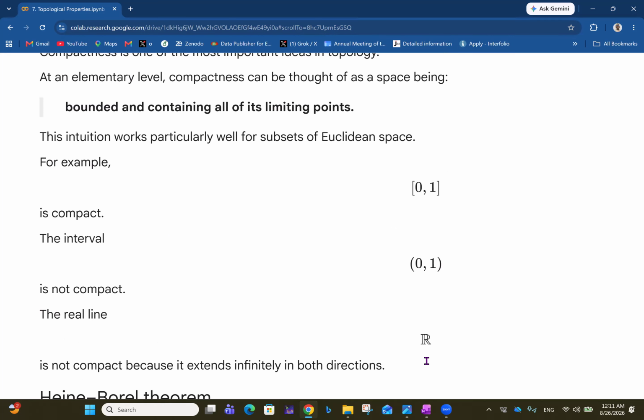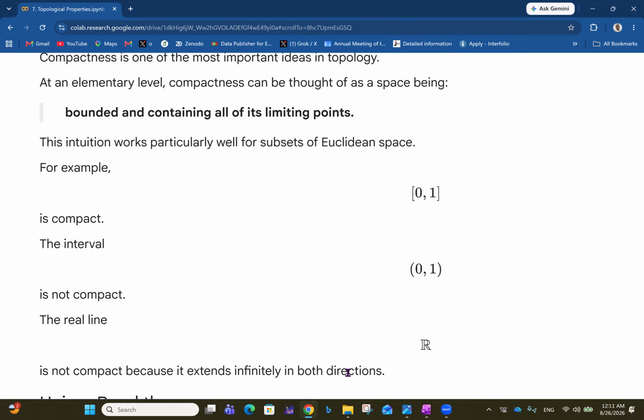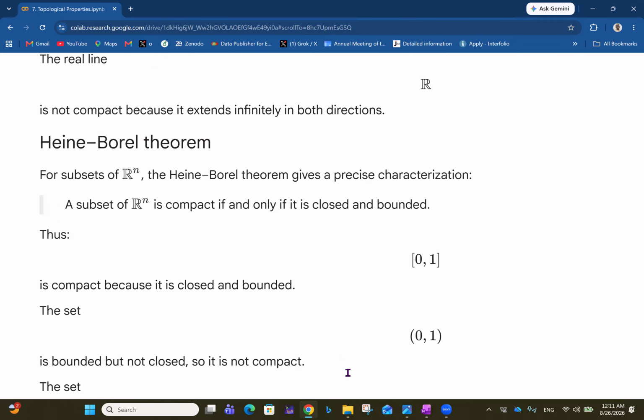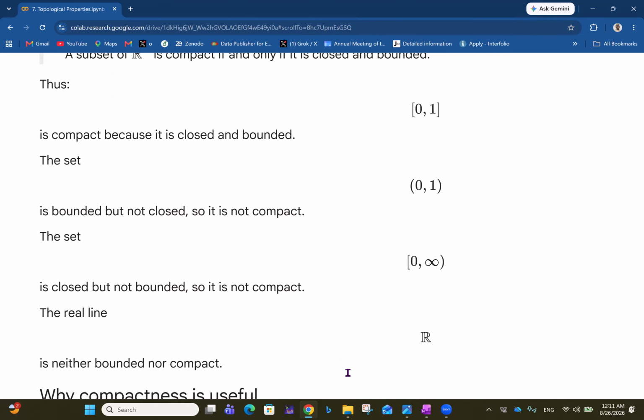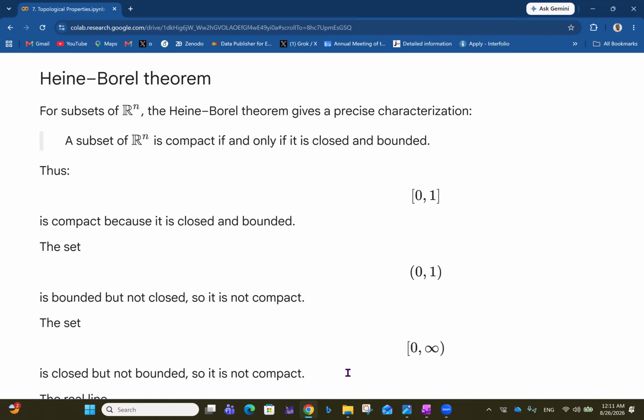The real line R is not compact because it extends infinitely in both directions. It is an open interval from -infinity to infinity, so you can't say it is compact in that sense. Then you have the Heine-Borel theorem, which we already saw under real analysis, the real analysis precursor to this, I think in the fourth video as preparation for what we now do.